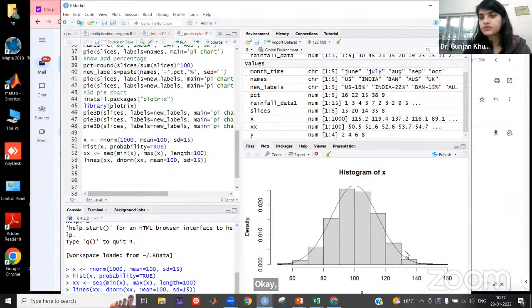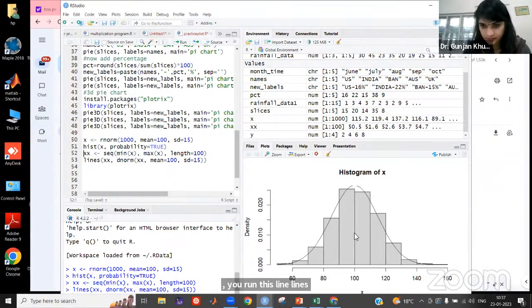The normal distribution curve is symmetric about the mean, and you see 100 is the mean. If you run these lines, XX, dnorm, then you get that this curve is clearly symmetric about the mean, that is 100.